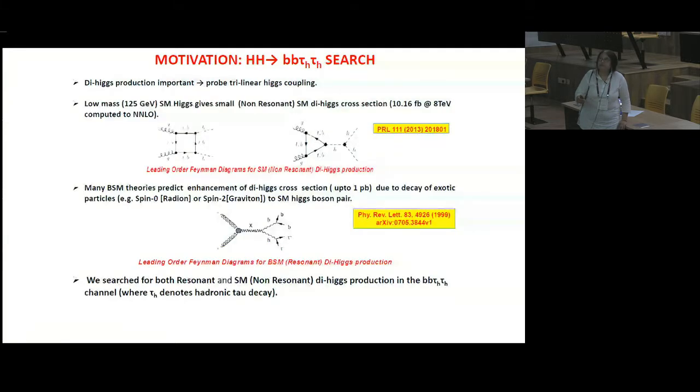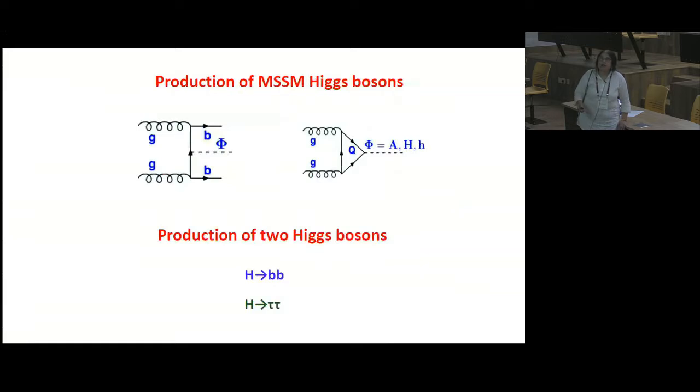So actually, before I go on, I should just mention why is tau important, because of course, as you see, the Higgs can decay to many other things, the tau tau, BB, WW, many other modes. This tau tau mode is very important in the sense that it has got one of the higher branching ratios compared to the other Higgs decays.